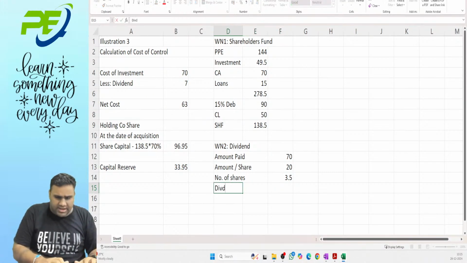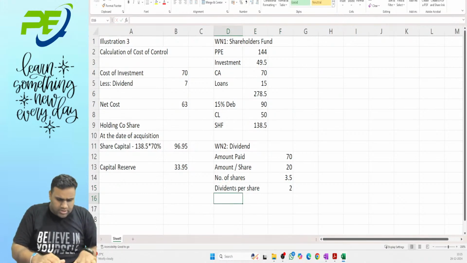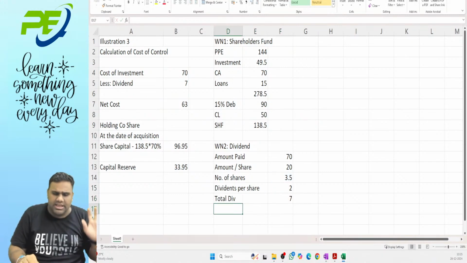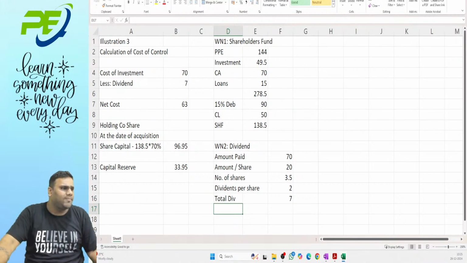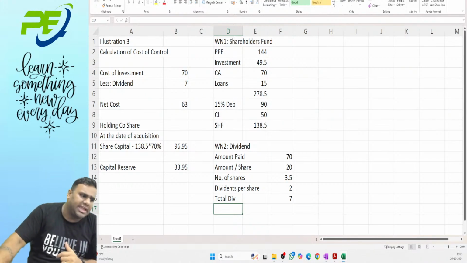Then dividend per share 2. So total dividend is 7. Everyone, is it clear? Yes. These two working notes will do. Is this problem clear for all? Yes. Like this, only simple problems we are going to do, up to problem number 9.